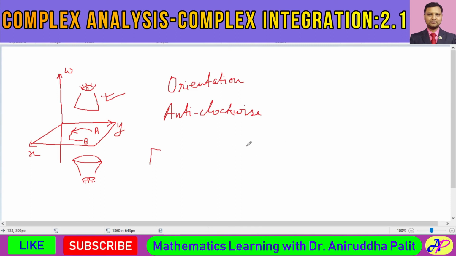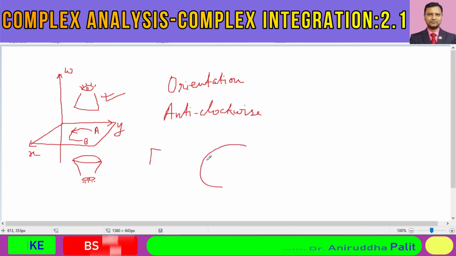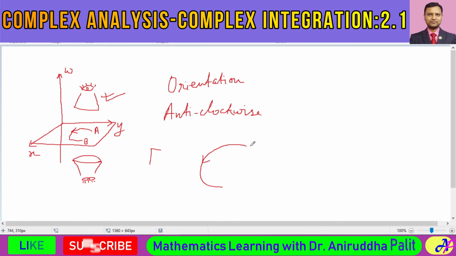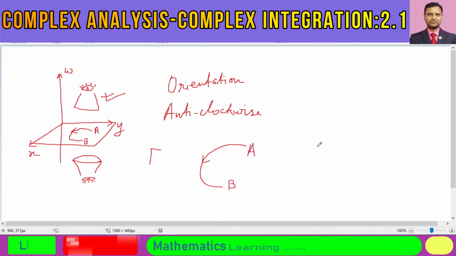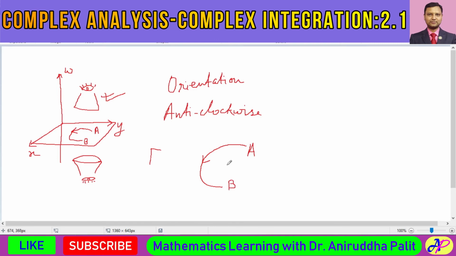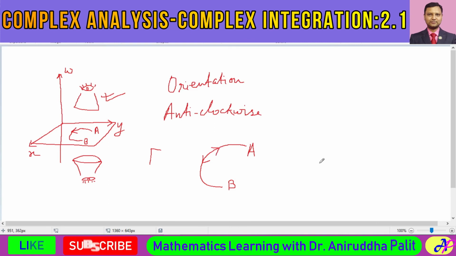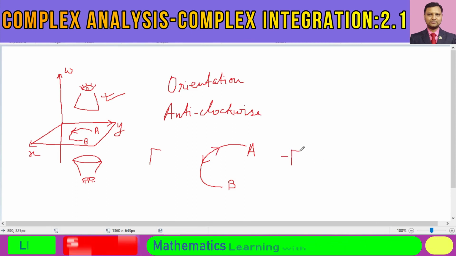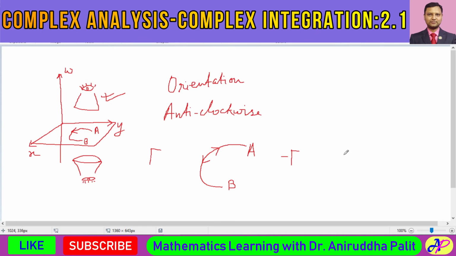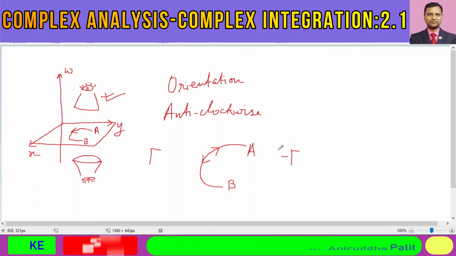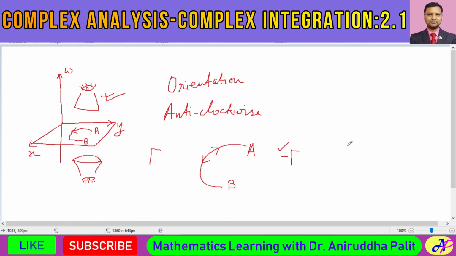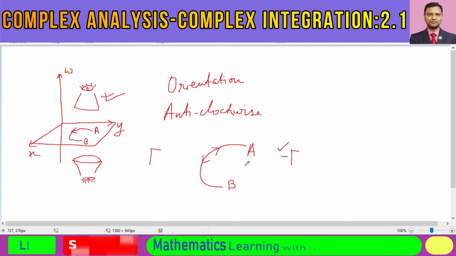Say this is the curve, and this is the anti-clockwise direction from A to this point B. Then if somebody says no, I would consider the curve from B to A, in that case the second observer will designate the curve by negative of gamma. This negative sign comes in order to designate that the orientation is in the clockwise direction.